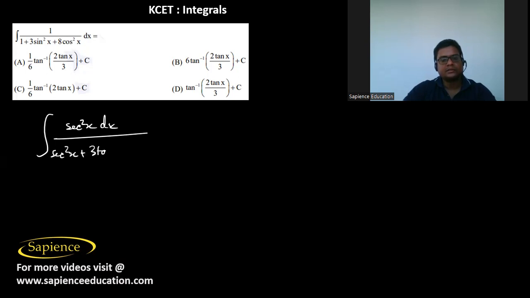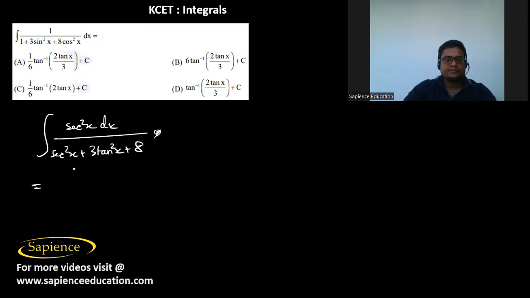We can divide the numerator and the denominator by cos square x. So I will get sec square x dx divided by sec square x plus 3 tan square x plus 8.